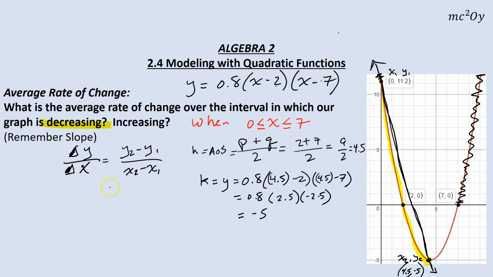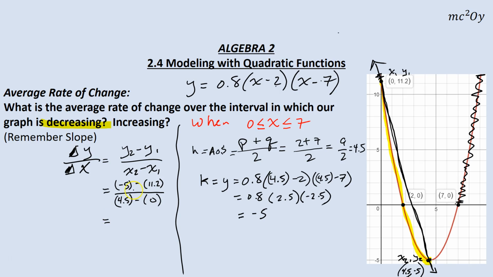And let me go ahead and divide this up here, I can also substitute some values in for y2 and y1 now. I have y2, it's negative 5. I know y1, it's 11.2. I know x2 is 4.5. And I know x1 is 0.